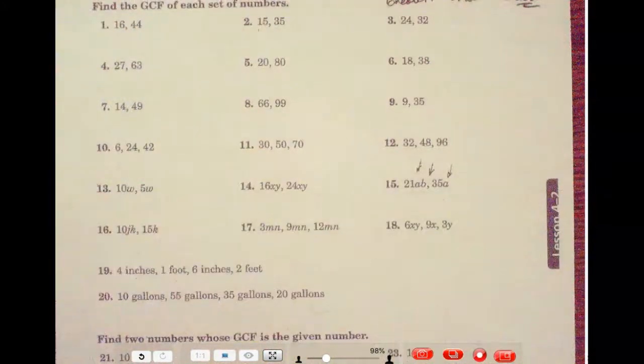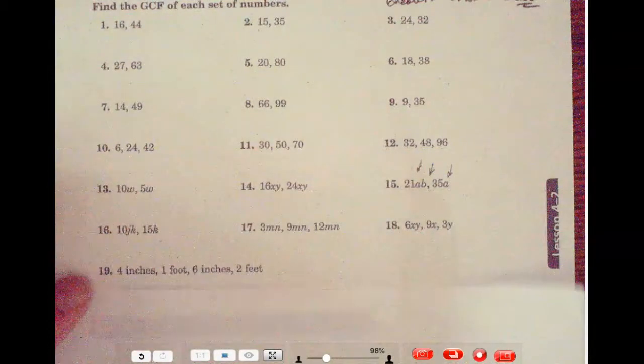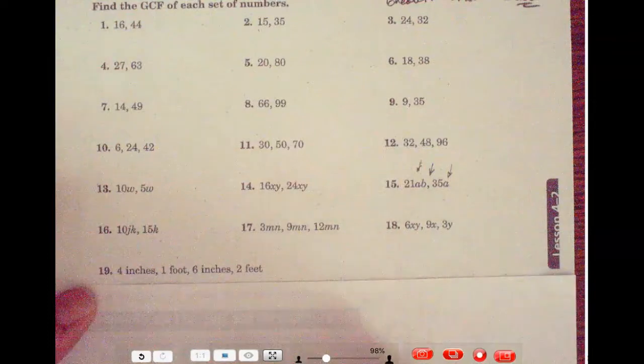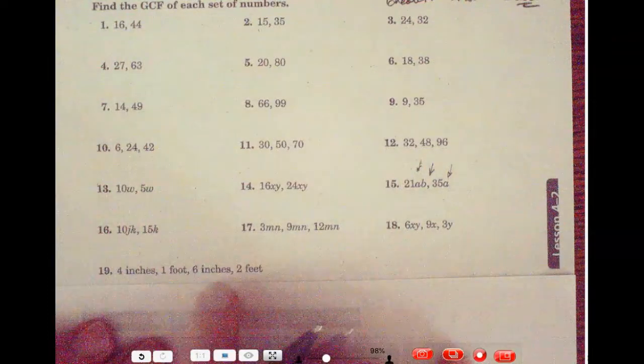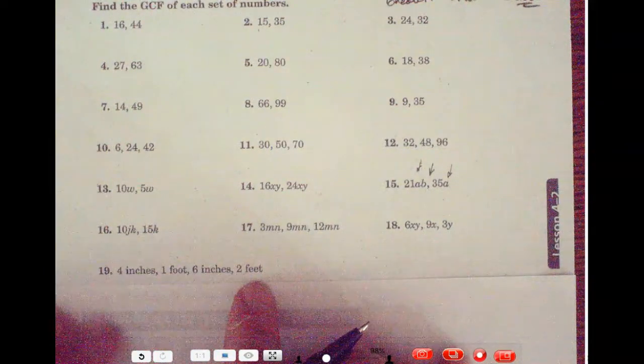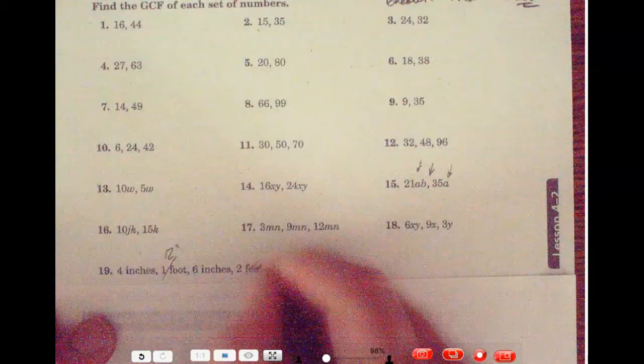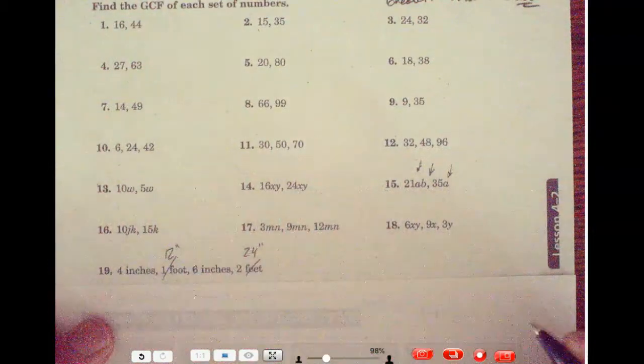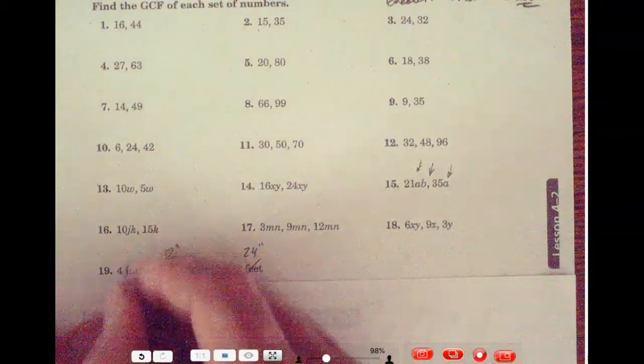Okay, I like word problems. So take a look at number 19. We've got 4 inches, we've got 1 foot, we've got 6 inches, and we've got 2 feet. We're trying to find the greatest common factor. Well, first of all, we have to have all of these as the same measurement. So I'm going to change this into 12 inches, and we'll change this one into 24 inches. Now, I'm going to take the smallest measurement, now that we've got them in inches, which is 4.